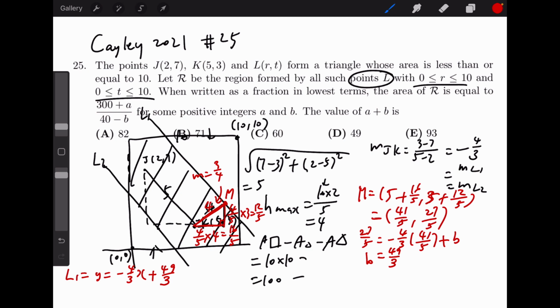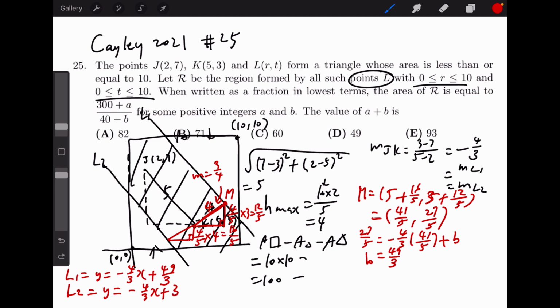Using the same mechanics, we can construct another right angle triangle over here. If we do the same thing, we can get the equation for line 2 as well, which is y equals negative 4 over 3 x plus 3.